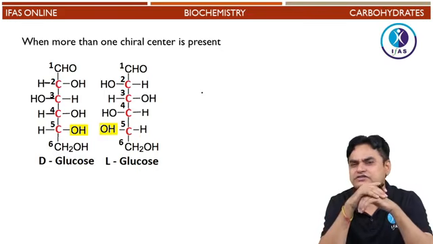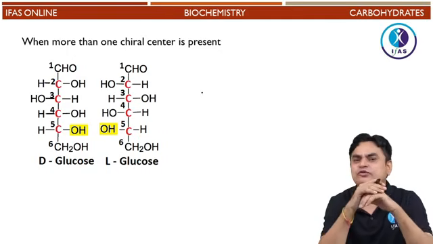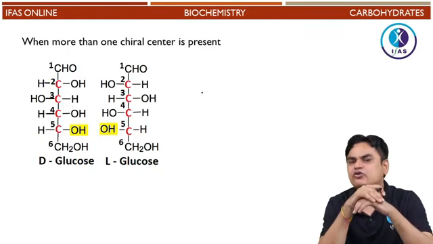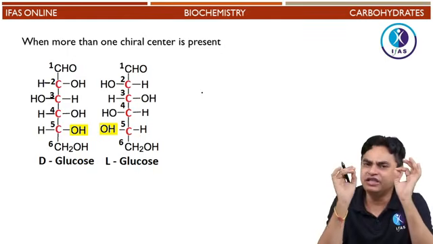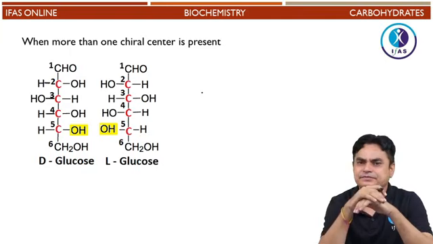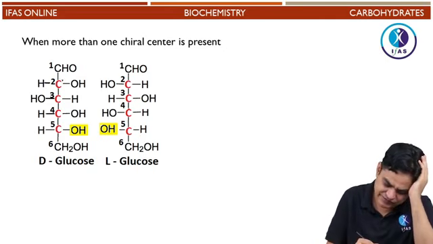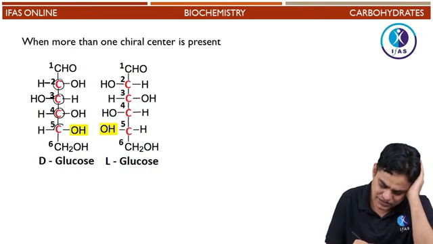Now friends, a molecule may have more than one OH group, more than one chiral carbon, where the positions of the OH groups may vary. Then how do we compare it with D-glyceraldehyde or L-glyceraldehyde? For example, this is the structure of glucose, where carbon 2 is also chiral, carbon 3 is also chiral, carbon 4 is also chiral, and carbon 5 is also chiral.